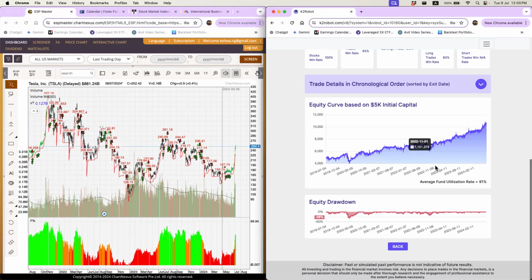Now, the other thing I need to highlight to you is, if you start using the robot when the drawdown happens, versus if you start the robot at the beginning of the drawdown. The one who starts at the top will of course start to lose money, because the market is too high already.